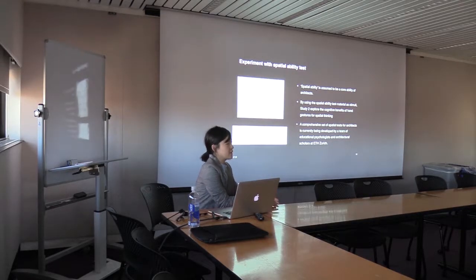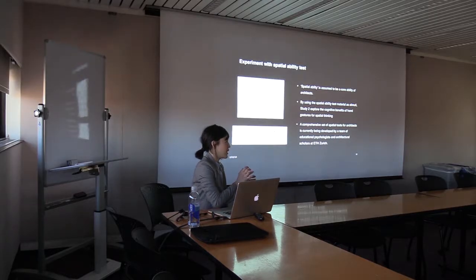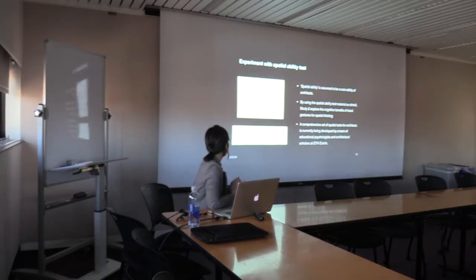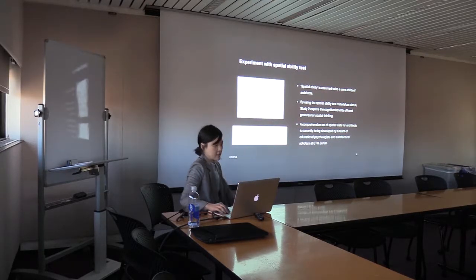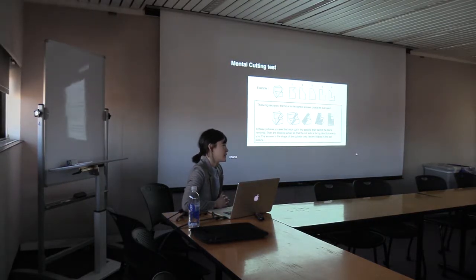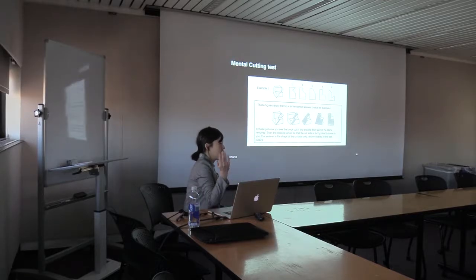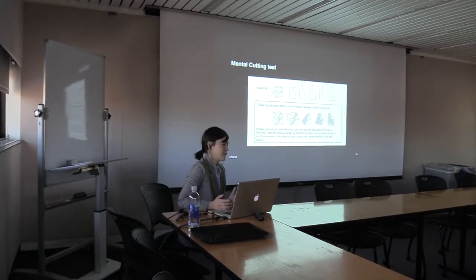They developed several types of tests, for example perspective taking, and a packing test with three-dimensional components and objects, and one of them was this one, the mental cutting test, which asks students about sectional thinking. Basically, you have a cube with a line, and the test asks you to cut through the object along the line, and what is the sectional surface after you cut.